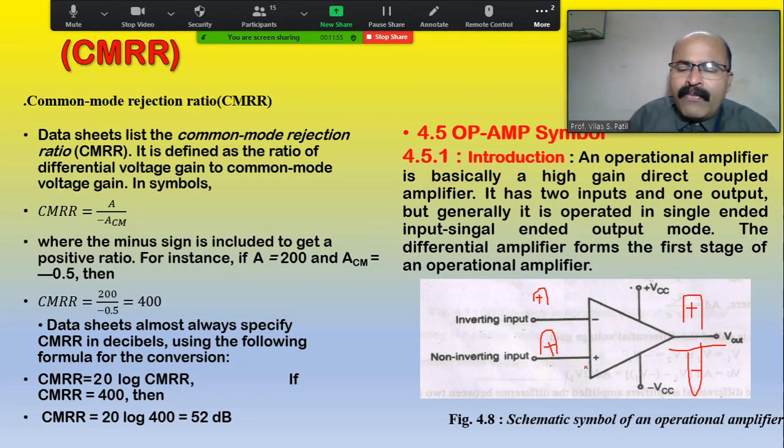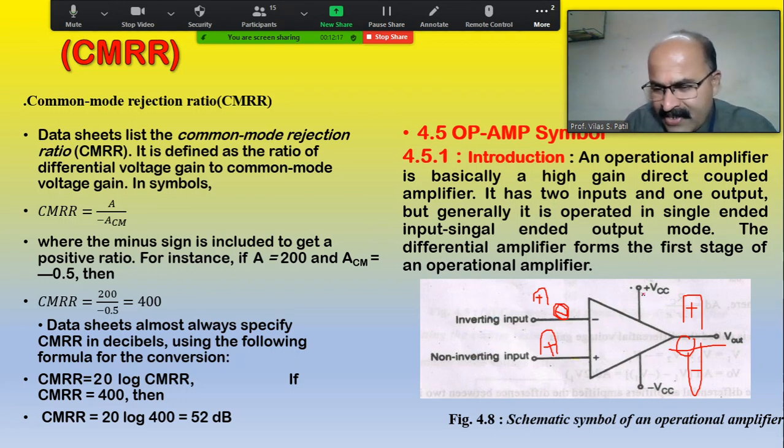See here, friends, this is the inverting terminal, the phase will be inverted 180 out of phase, and this will be non-inverting because the phase will not invert, hence it is known as non-inverting.